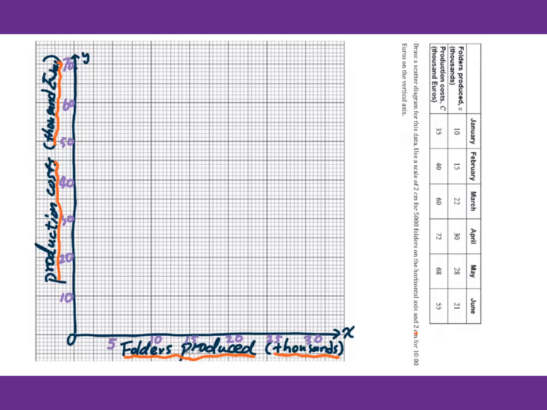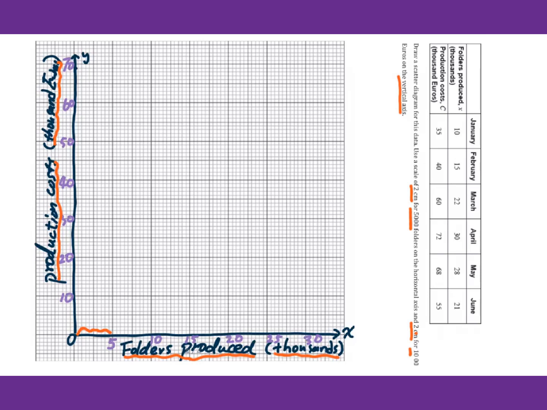Then you have to set up the scale according to the given information. For the x-axis, they said 2 centimeters for 5,000 folders. That's why this is 2 centimeters. We do 5, 10, 15, 20, 25, 30. Then for the vertical axis, you have to set up 2 centimeters for 1,000 euros.